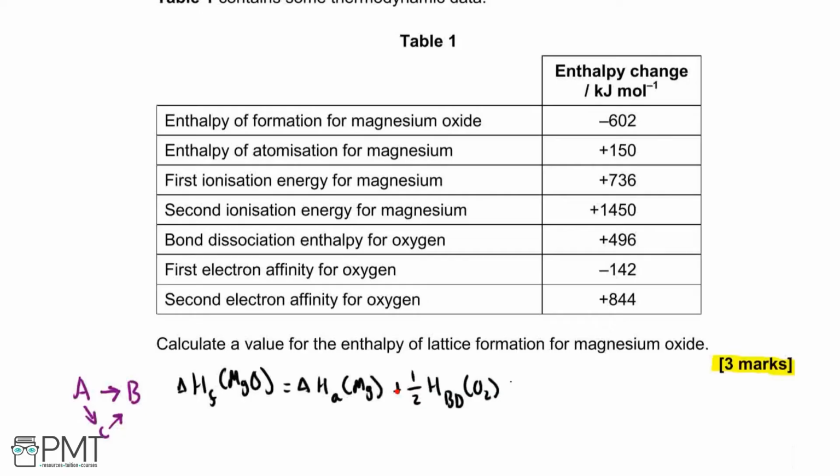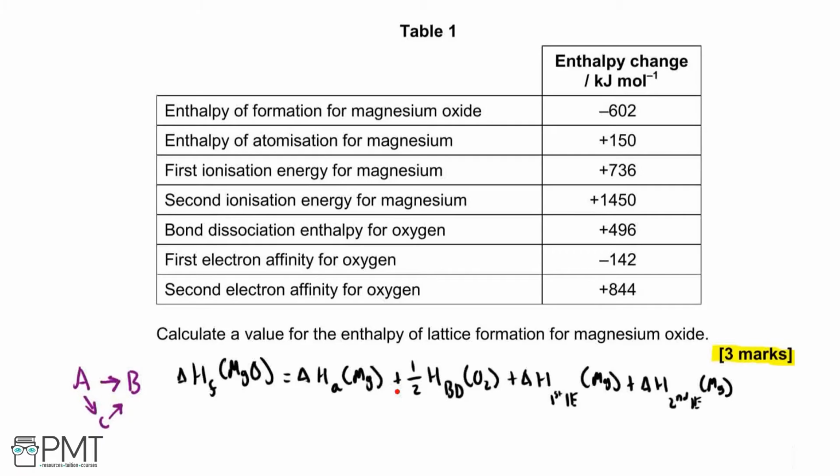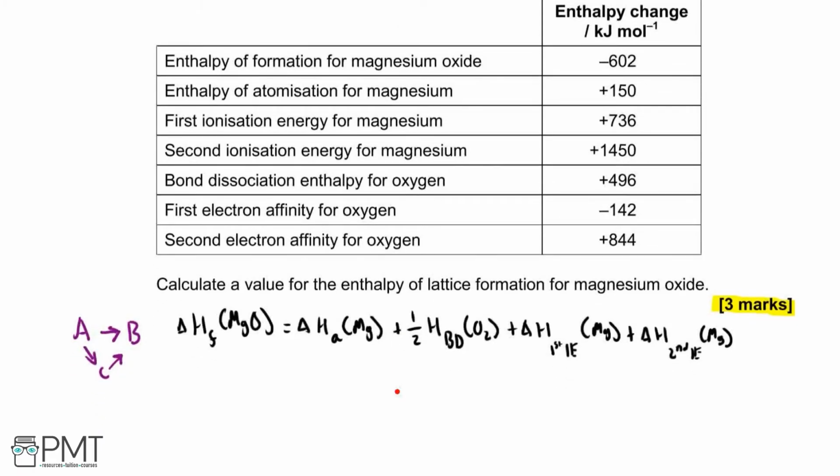Then we would have our ionization energies for both our first, which we write as first IE for magnesium, as well as our second, which is written in the same way, but with the second. After this, we are going to have our electron affinities for oxygen.